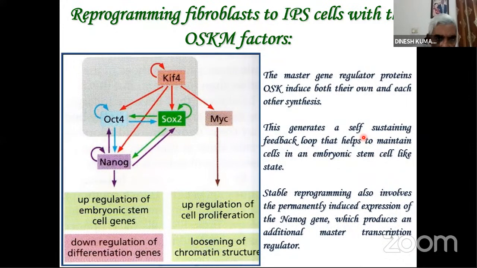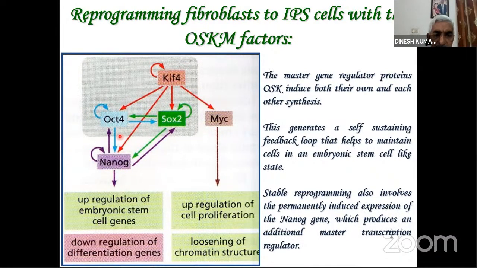As I have told you, the OSKM factors are very important, and the master gene regulator proteins OSK induce both their own and other proteins' expression. They initiate each other and themselves in a self-sustaining feedback loop, and maintain cells in the embryonic stage.